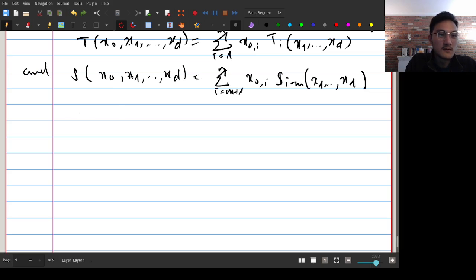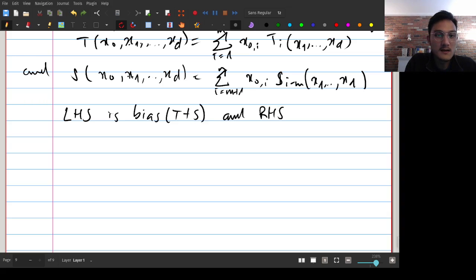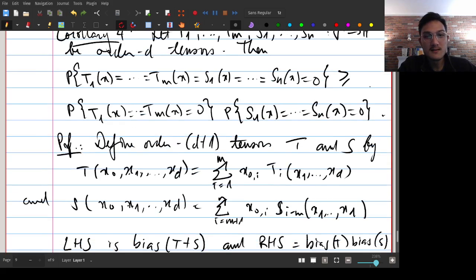Right? So what am I trying to say? The left-hand side is the bias of T plus S, and the right-hand side is the bias of T times the bias of S. I'll leave it up so we can stare at it together for a moment.